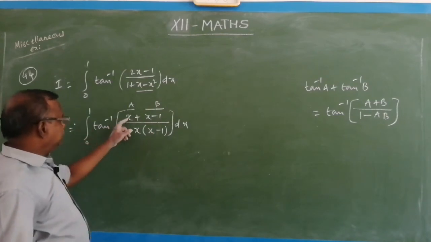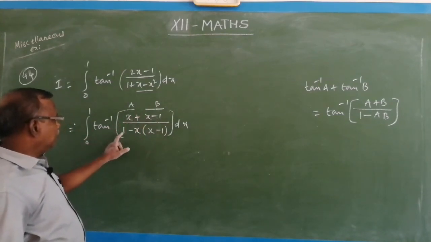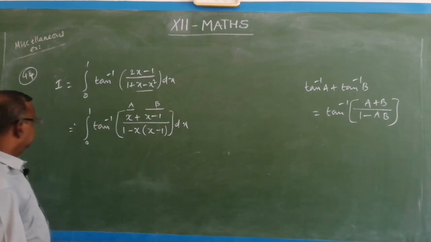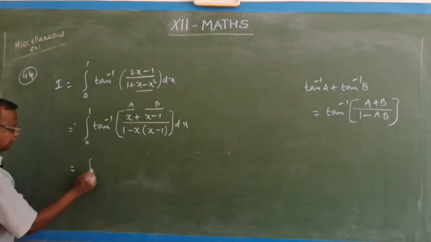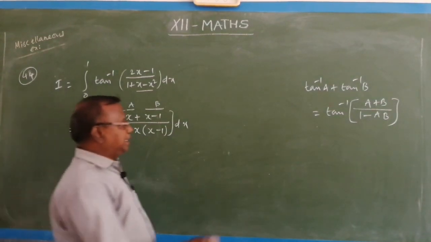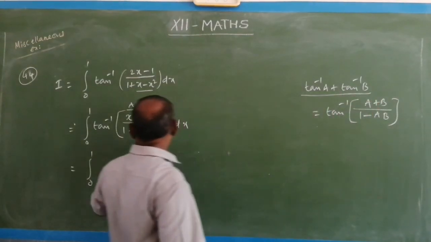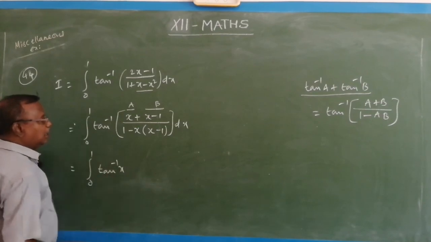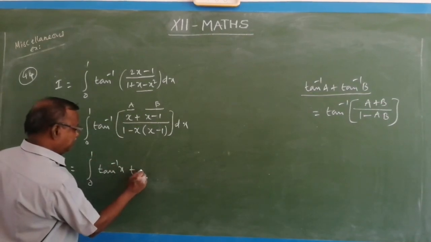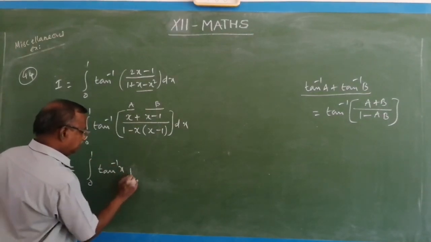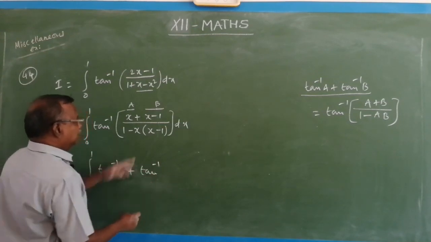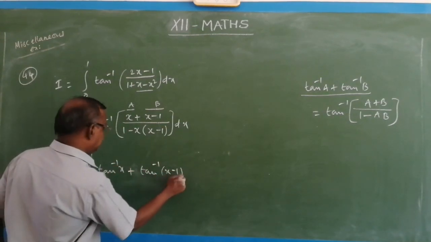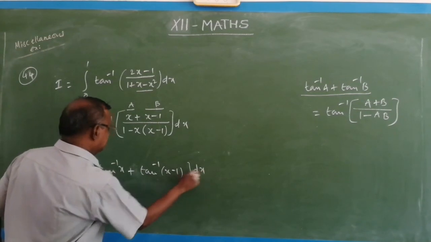So this can be written as integral 0 to 1 tan inverse of x plus tan inverse of x minus 1 into dx.